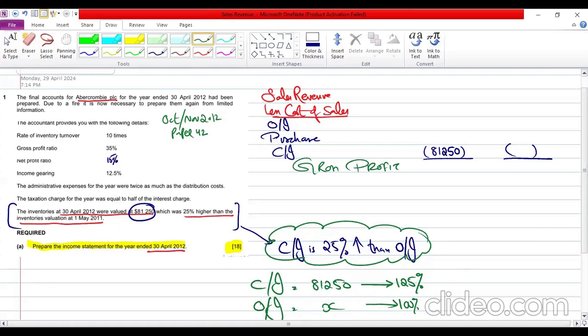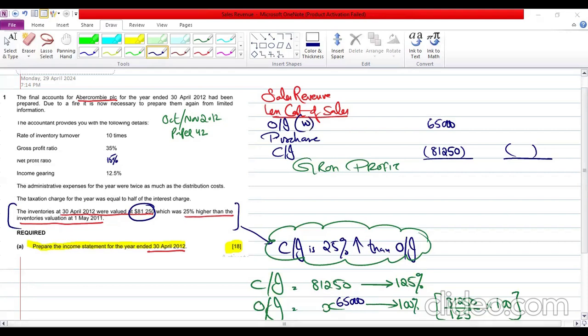Cross multiply. 81250 represents 125%, and we need only 100%, which is my opening inventory. The answer is 65,000. So we got our opening inventory with the help of cross multiplication.